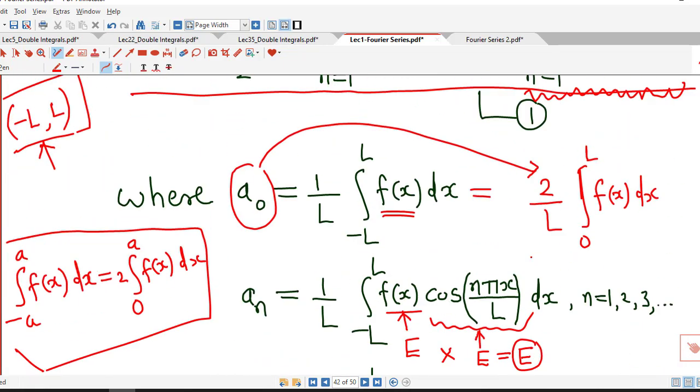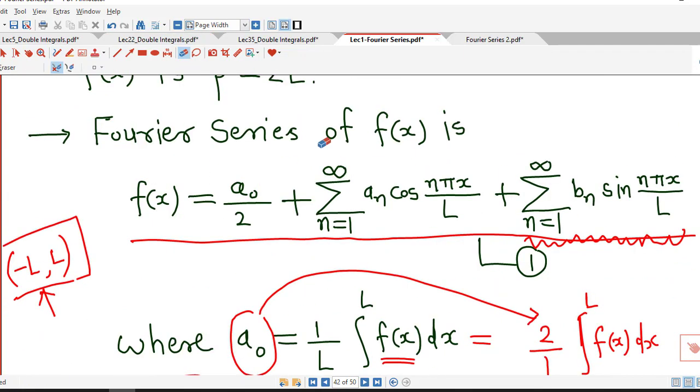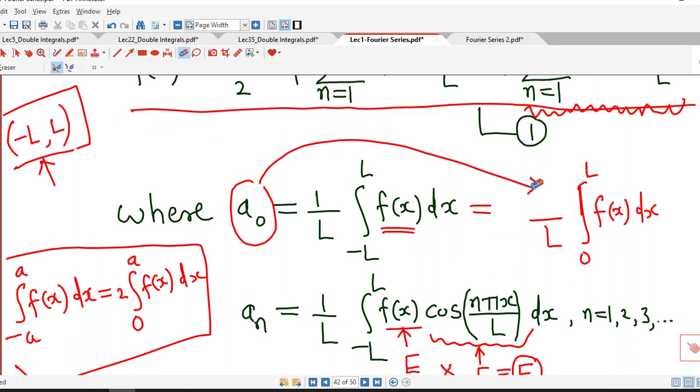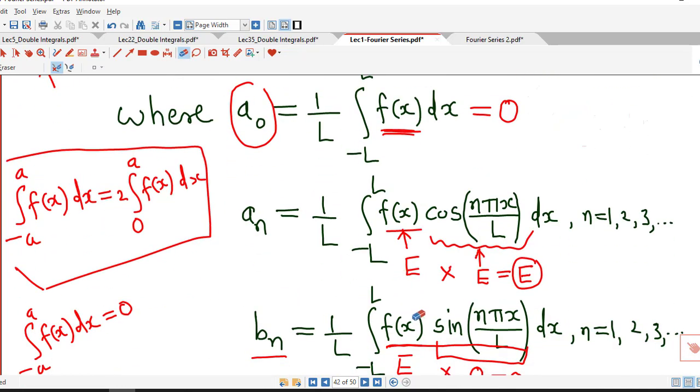Similarly, we can check for odd function. Now suppose our function is odd, then because here we have limits from minus L to L and f(x) is odd, so a0 will be 0 if f(x) is odd.